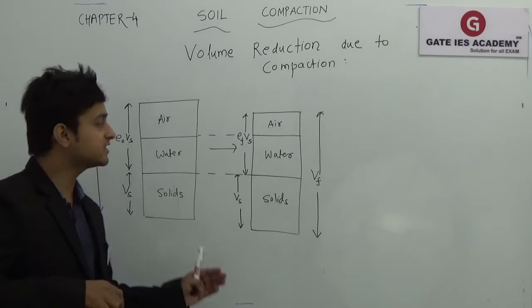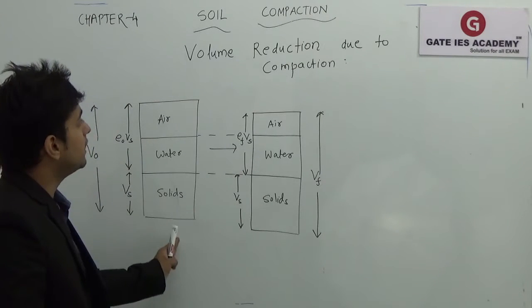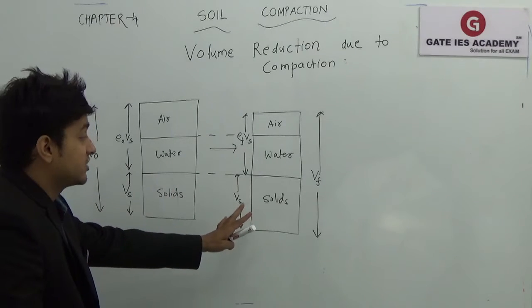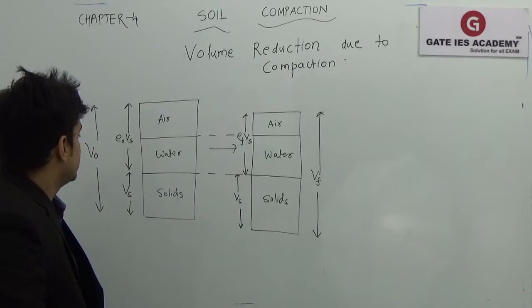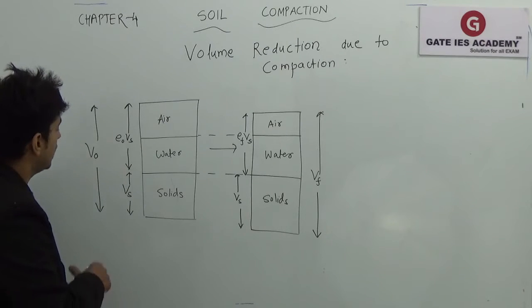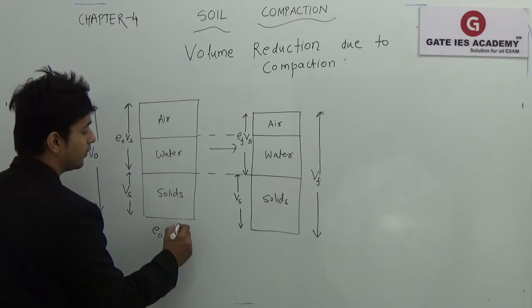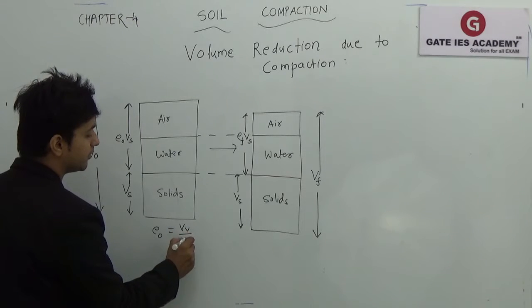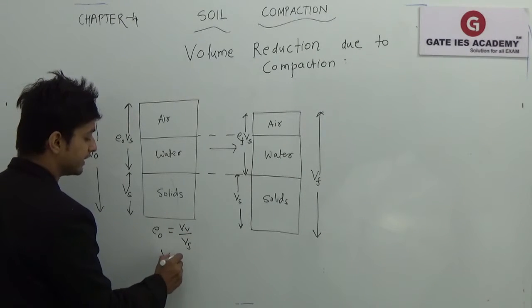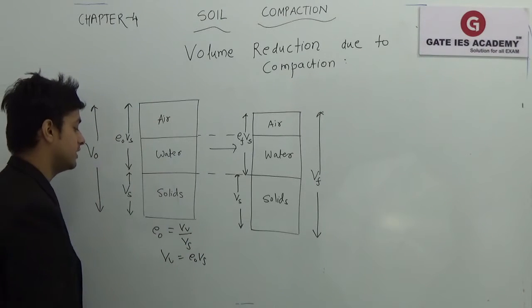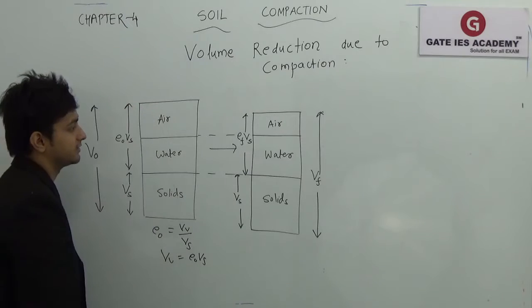Okay students, now let's look at the phase diagram of the soil before and after the compaction which has been taking place. Initially, if my volume is V naught and void ratio is e naught, that is nothing but volume of voids upon volume of solids. So Vv can be written as e naught into Vs, and this is Vs. This is the volume of voids.